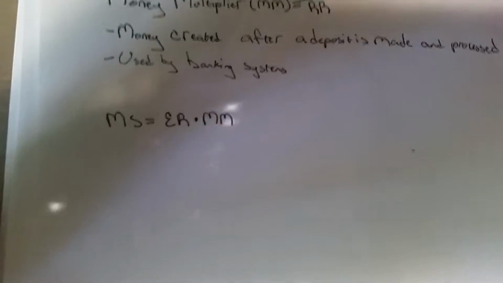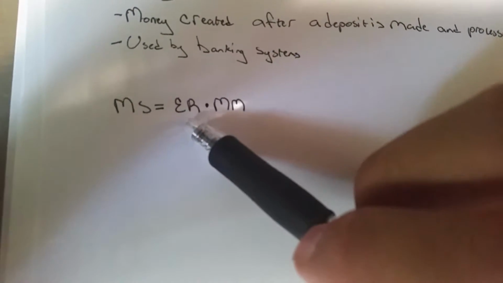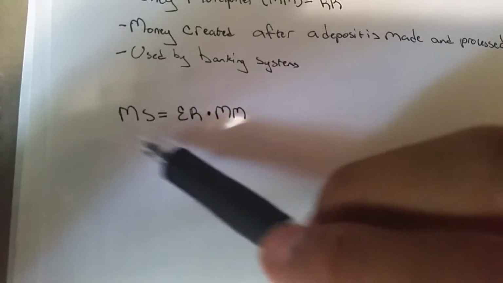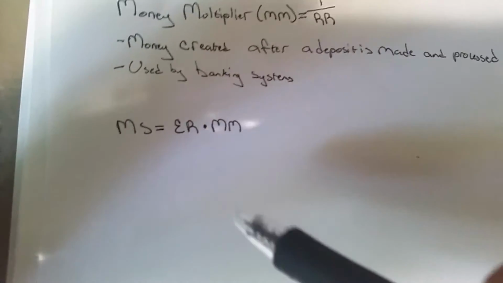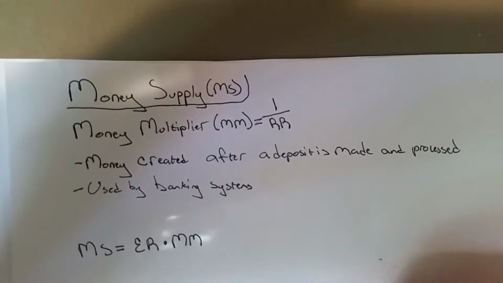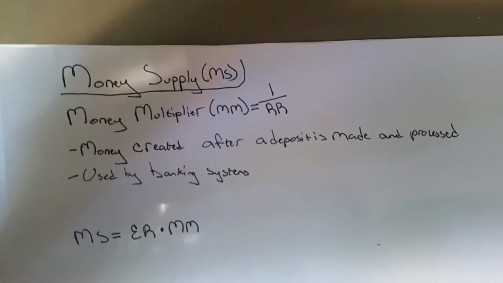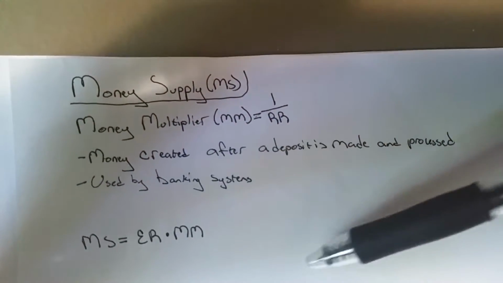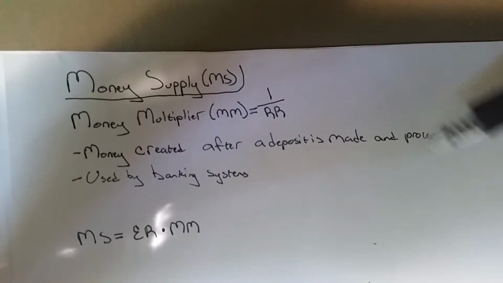Then in order to find out the money supply, you use your ER, or your excess reserves, multiplied by the money multiplier, and you will get your money supply. They're used by banking systems, and the money is created after a deposit has been made and processed.